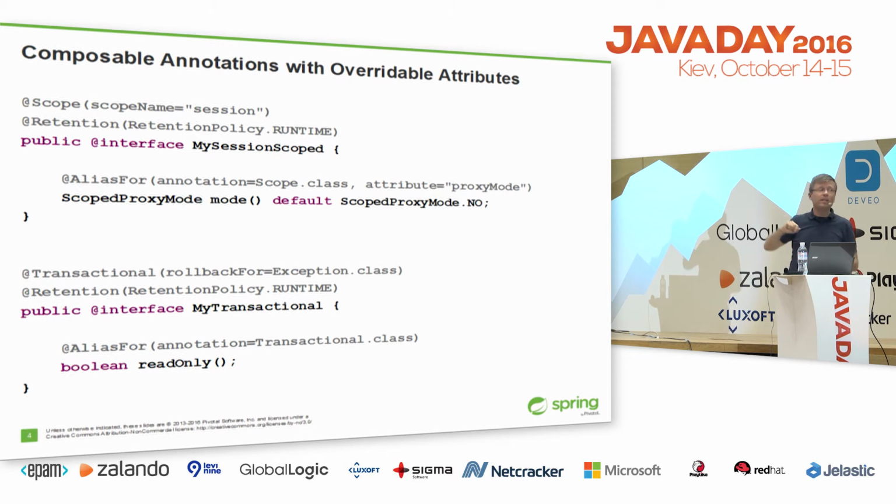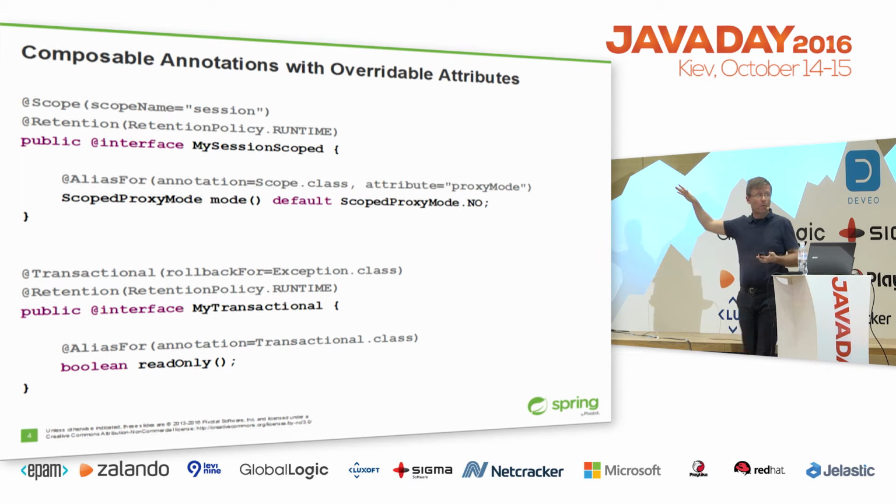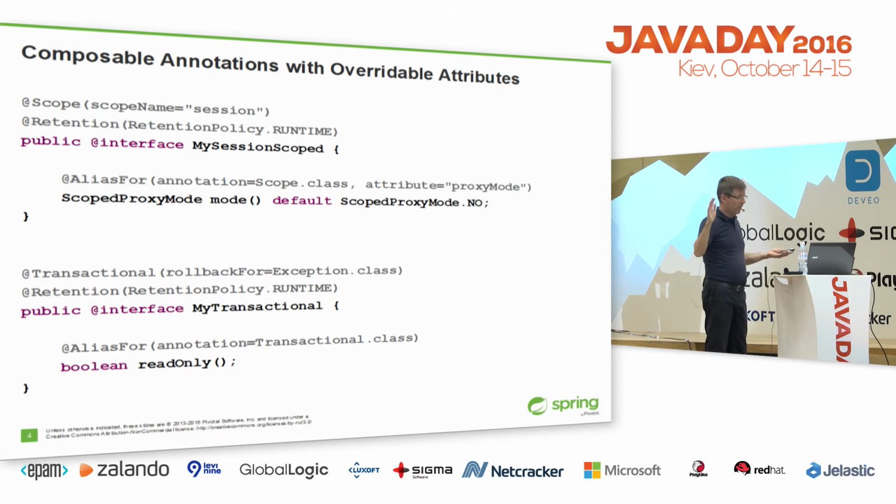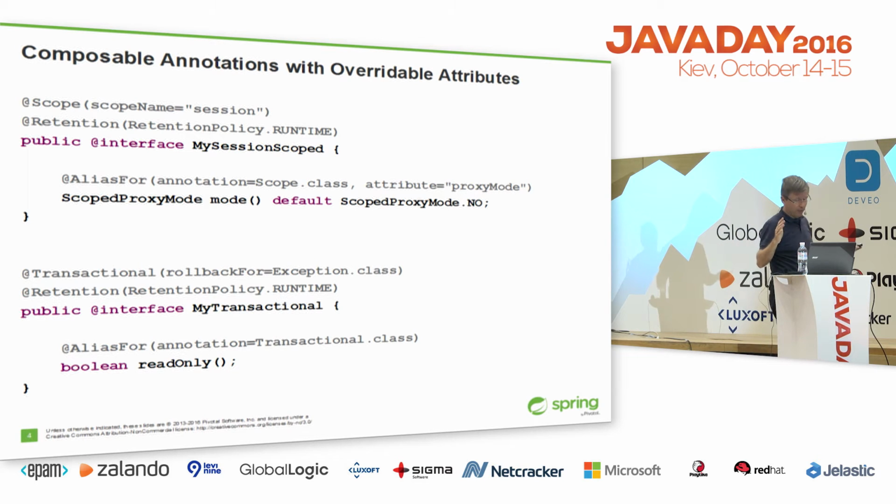And you can choose to rename the attribute because, a little nuance here, the mode attribute chooses to have a shorter name than the original proxyMode attribute on @Scope. This is also something you can do with the alias mechanism. And there's a default attached. It says default ScopedProxyMode.NO. This is standard Java annotation semantics in the Java language. You can choose to declare a default.